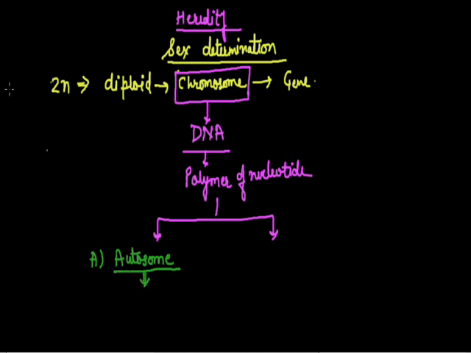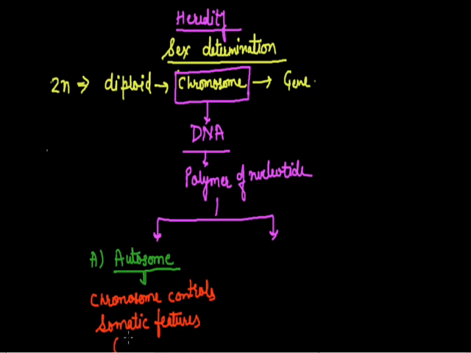You can define them as chromosomes which control somatic features. They are known as autosomes, also known as somatic chromosomes. These are common to all.